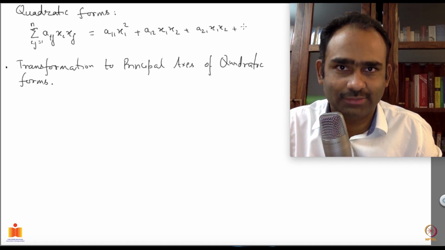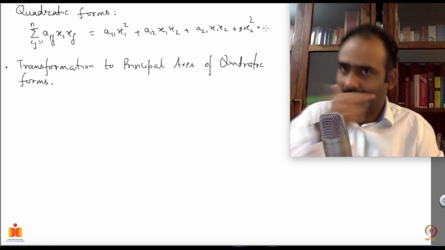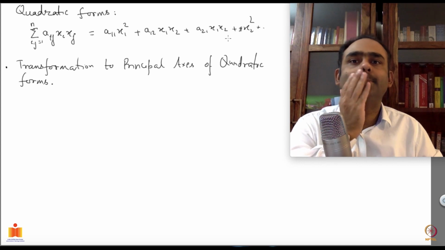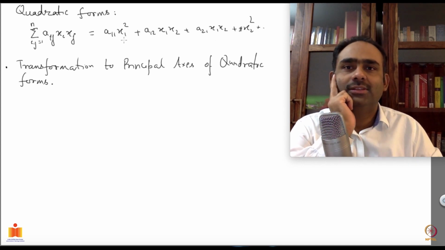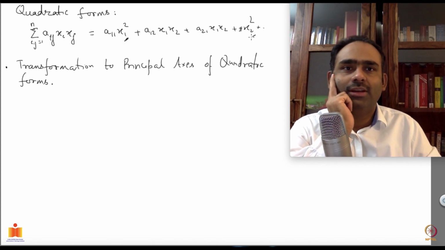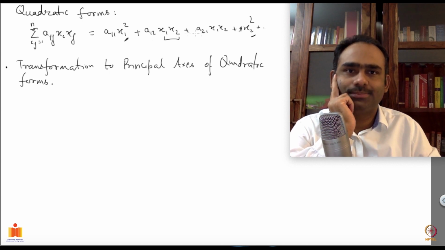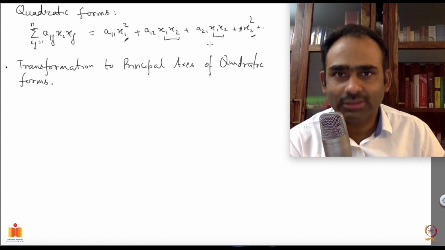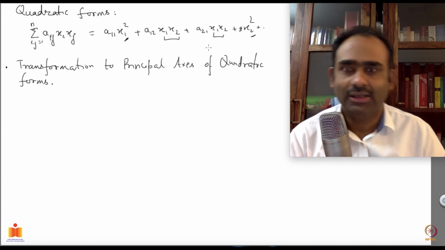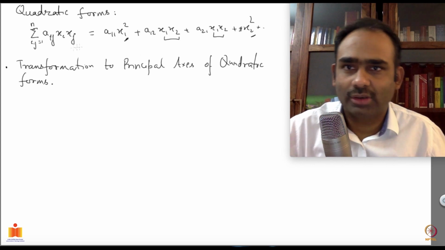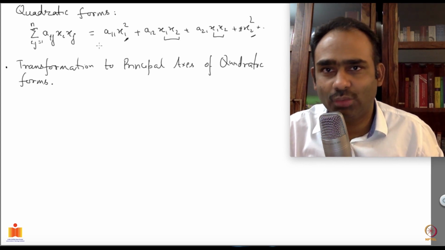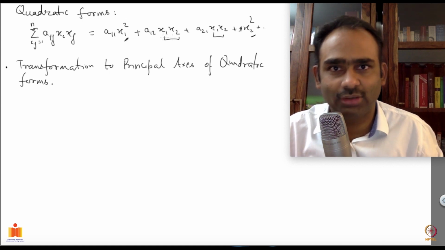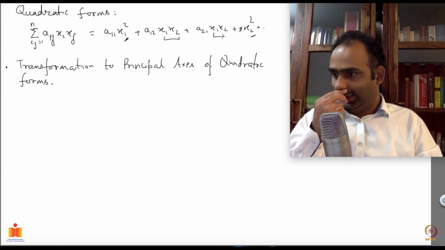Then you will have a term with x2 squared. So in addition to these terms which are squares, you also have cross terms. The claim is that I can do a transformation such that this quadratic form will appear only as a sum of squares, involving only squares and not any cross terms.